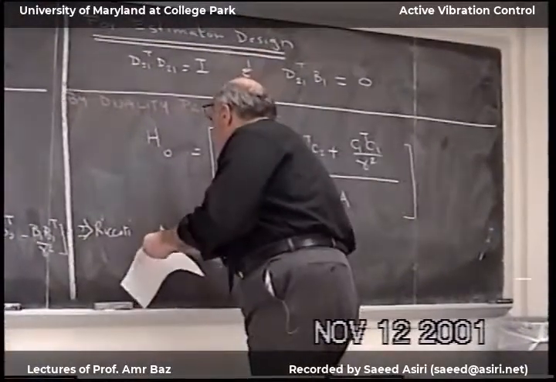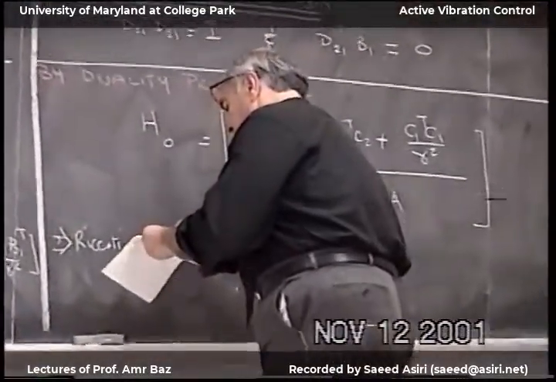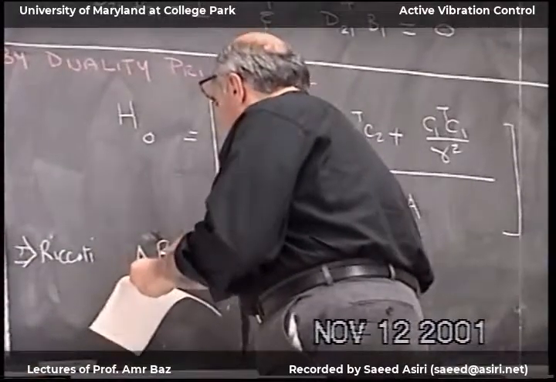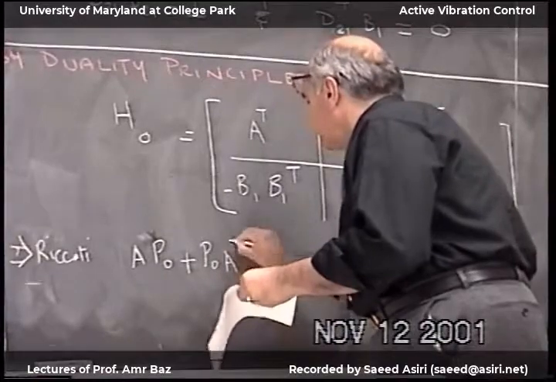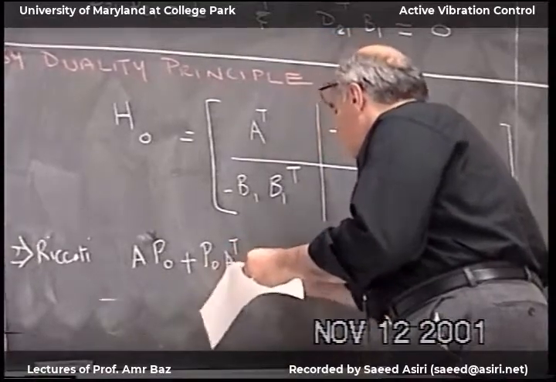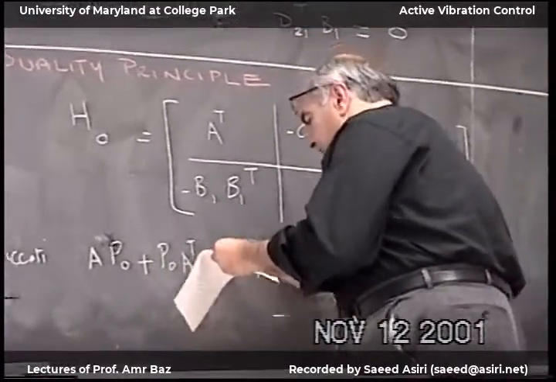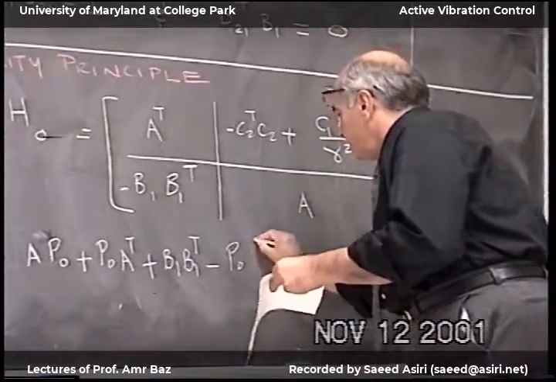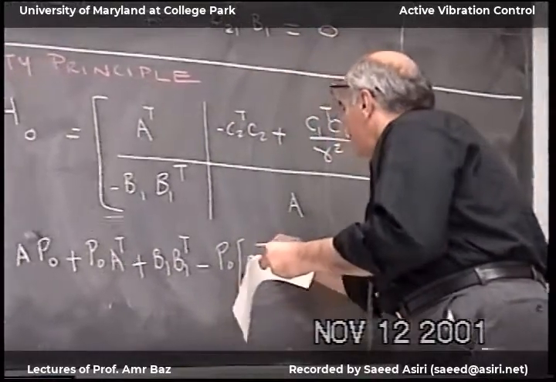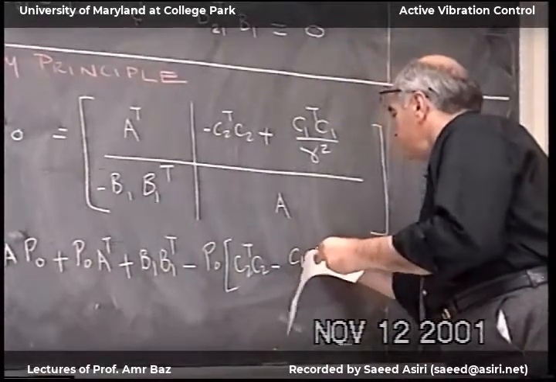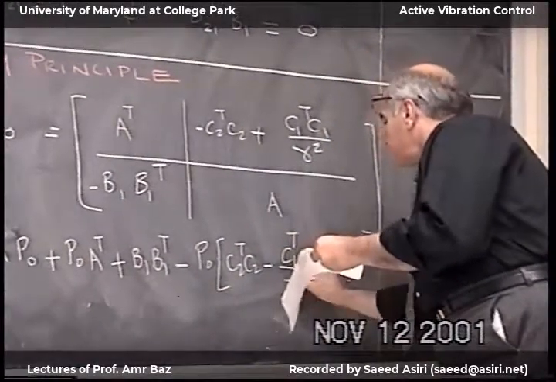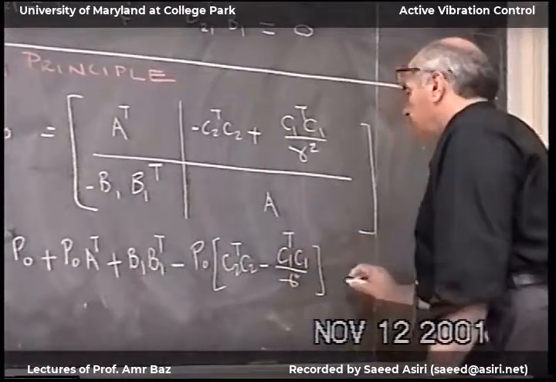will be A P observer A transpose B1 transpose minus P observer C2 transpose C2 minus C1 transpose over gamma squared equal to 0.